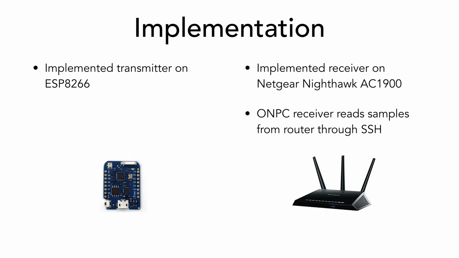It ends up that the receiver was the limiting factor why we could only send 1 bit per second. For any system, the two limiting factors could be how fast you're able to transmit the data and how fast you're able to receive or sample to decode those measurements. Our transmitter, the ESP, was actually able to transmit relatively fast, and we had a lot of flexibility with that.